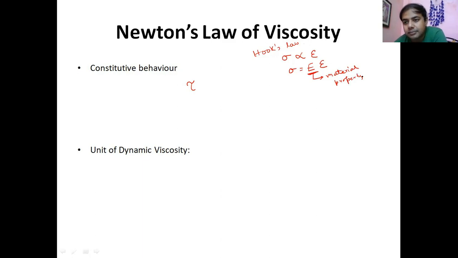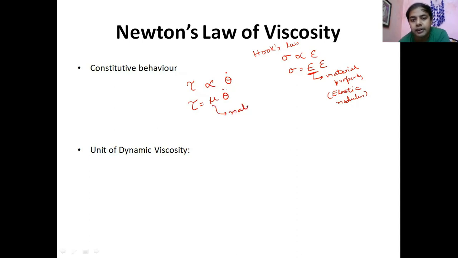What is its name? The elastic modulus, or Young's modulus. Why is it a constitutive behavior? Because we get a property that comes from the material. Similarly here, the shear strain rate is proportional to the shear stress, and the proportionality constant we get is also a material property.